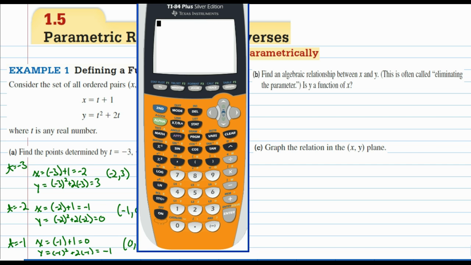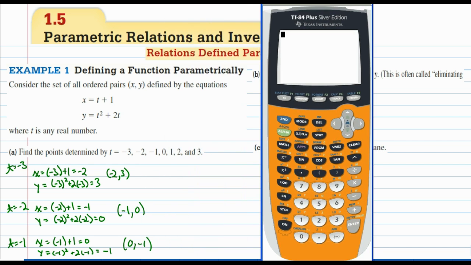I'm going to graph the relation in the xy plane first because I can get these values also from the table. To graph a parametric function, you have to go to Mode on your calculator, arrow down to where it says Func, and go over to parametric. So we're getting out of function mode, going into parametric mode. Now as you go to y equals, you see that you have the opportunity to do an x equation and a y equation.